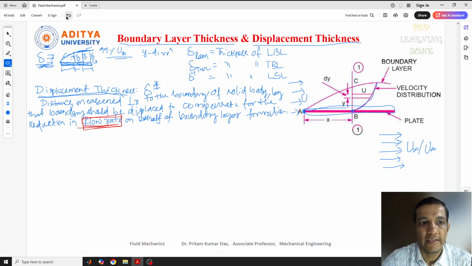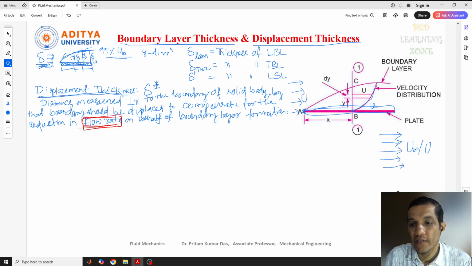Now the next thing, at point B, you can see point B, at point B the velocity is what? The velocity is the local velocity, that is small u. So there is a difference. How did the small u formation happen? Due to this plate. Once the plate is there, we won't get the free stream velocity.